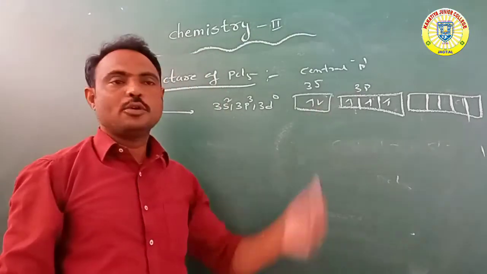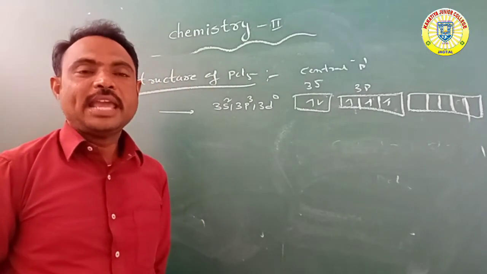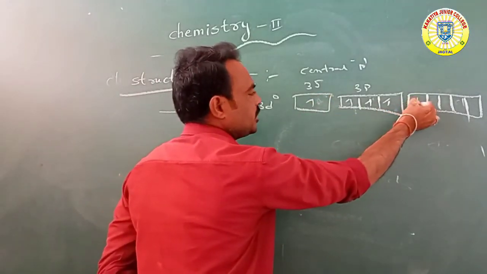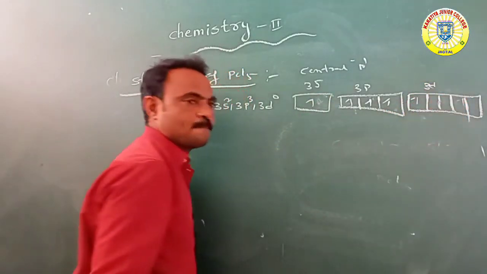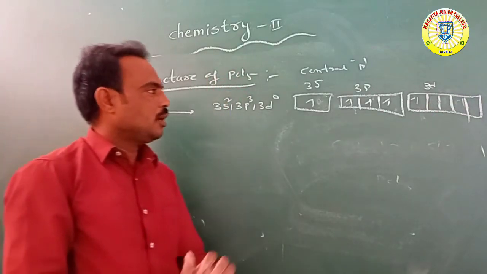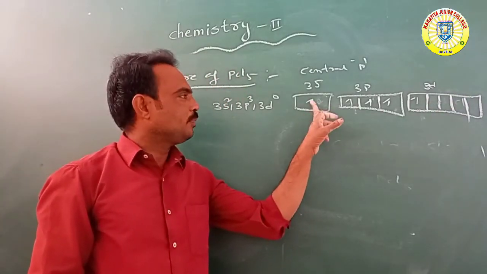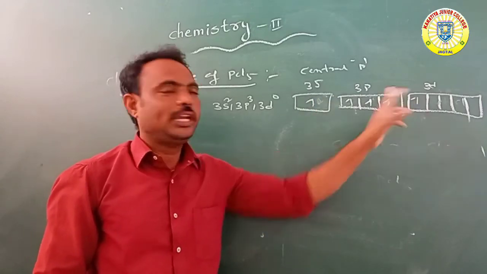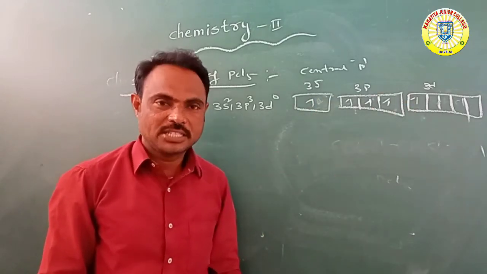So this is the ground state. From the ground state, 1 electron of the 3s orbital is jumped to the 3d orbital. So it is called the excited state.